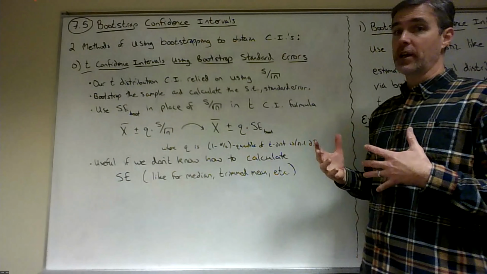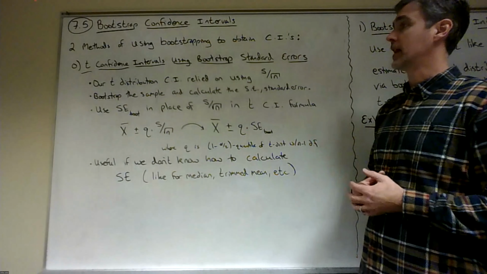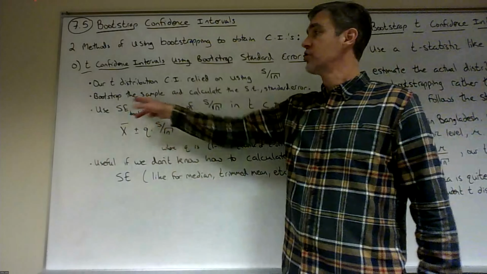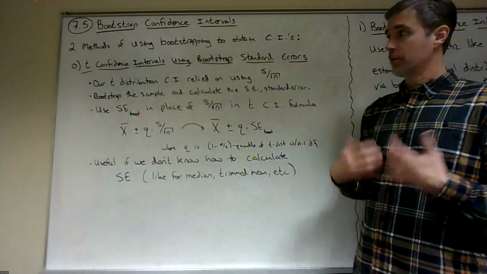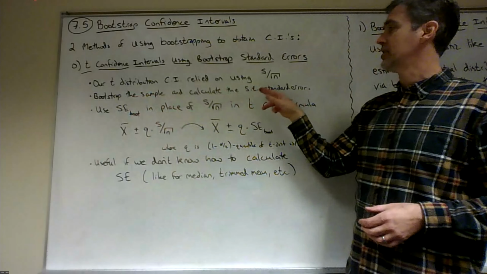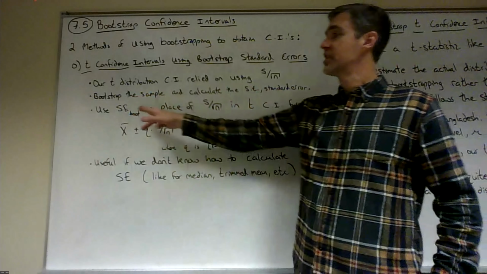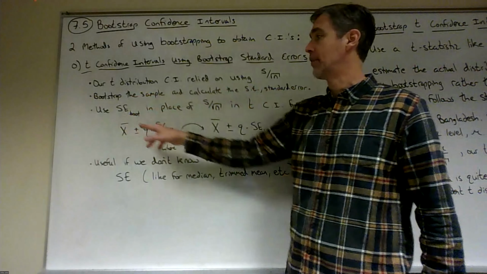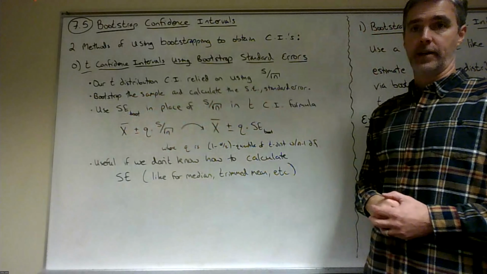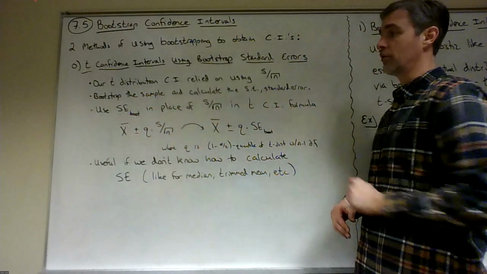Now, the way we're going to adapt to using a bootstrapping technique is we're going to bootstrap the initial sample we have, that's what bootstrapping is, and we're going to calculate the standard error of that. And we're going to use this standard error that we obtained from bootstrapping in place of S over root N in the T confidence interval formula.